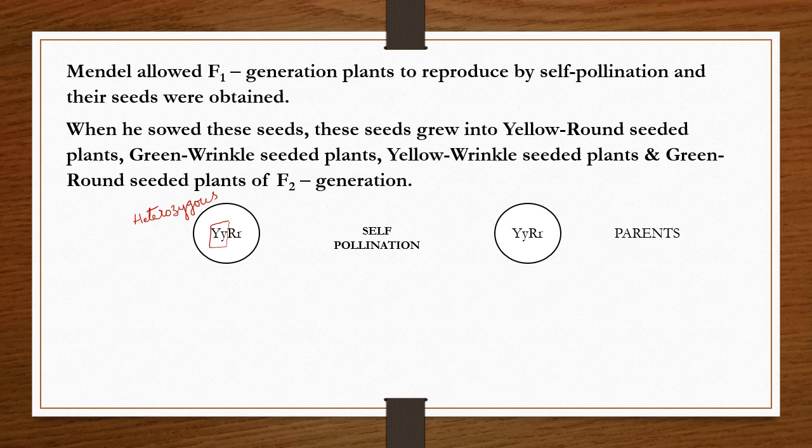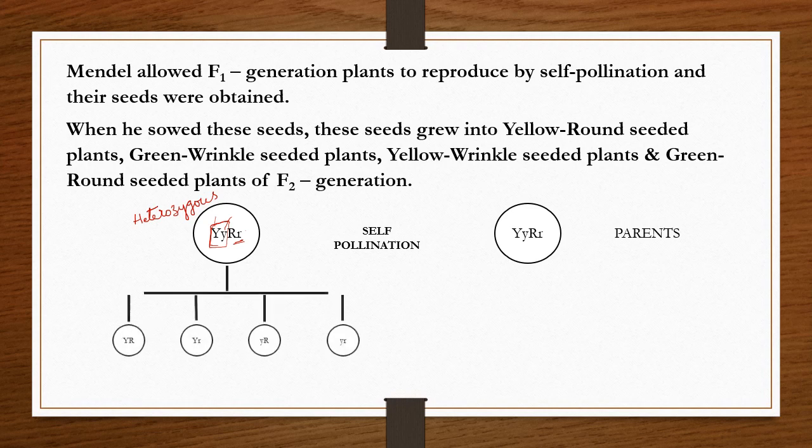Capital R, small r: capital R is dominant round and small r represents wrinkled. These are two different genes, and each has a recessive character. During gamete formation, these genes independently separate and assort.